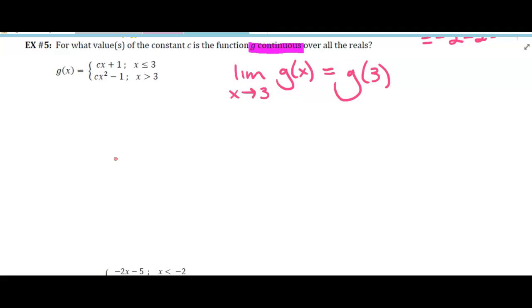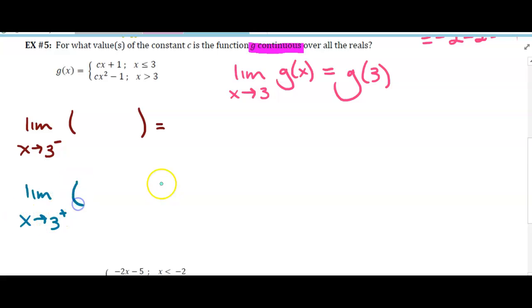Well, in order for us to determine what the limit is, we need to know what the one-sided limits are. So the limit as x approaches 3 from the left and the limit as x approaches 3 from the right. And if this is continuous, these one-sided limits need to be equal to each other.